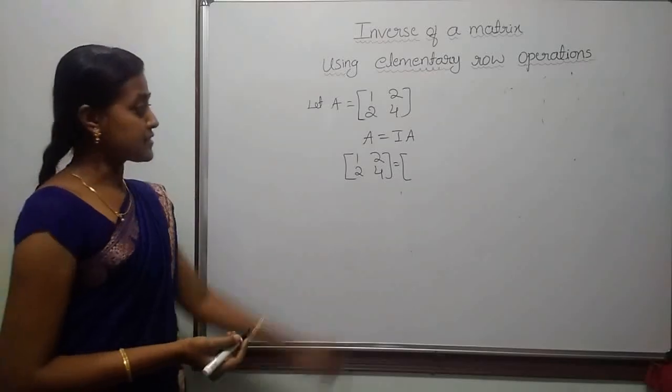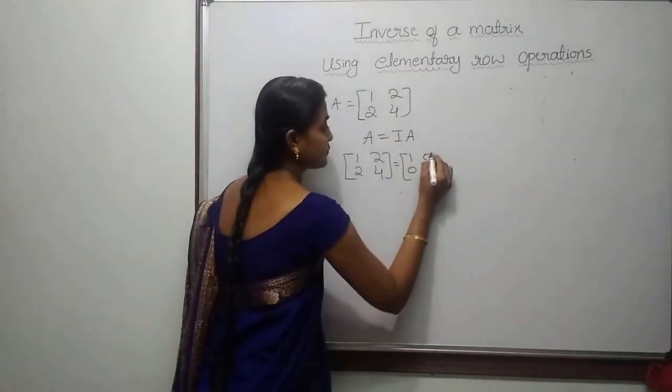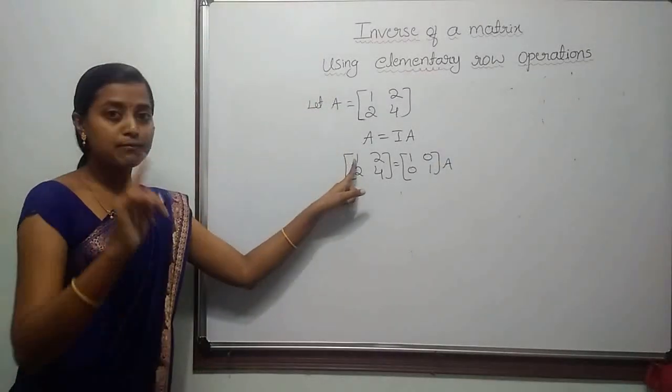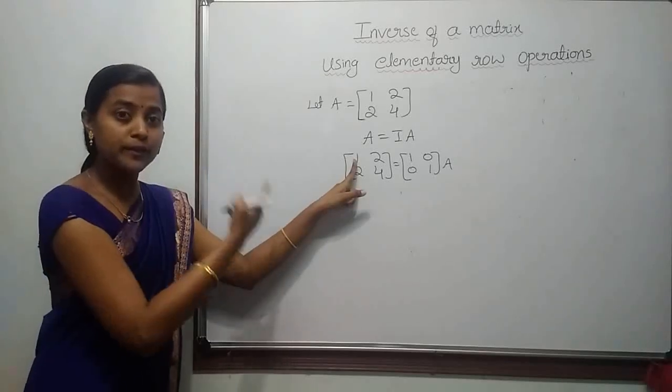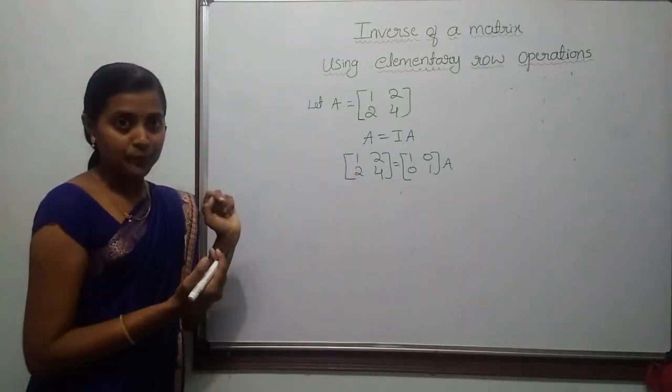And in the RHS, I will write the identity matrix. The method is first to make the first element 1. Here we already have the first element 1. We directly go to the second step.